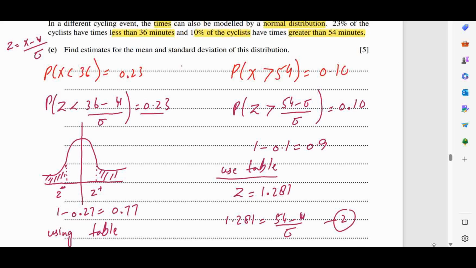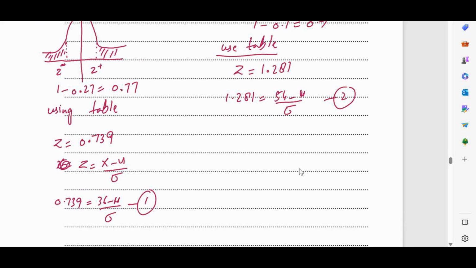Now if we simultaneously solve equation 1 and equation 2, we will get the values. From equation 2 we can write 1.281 sigma is equal to 54 minus mu. From equation 1 we can write sigma as equal to 36 minus mu, whole divided by 0.739.